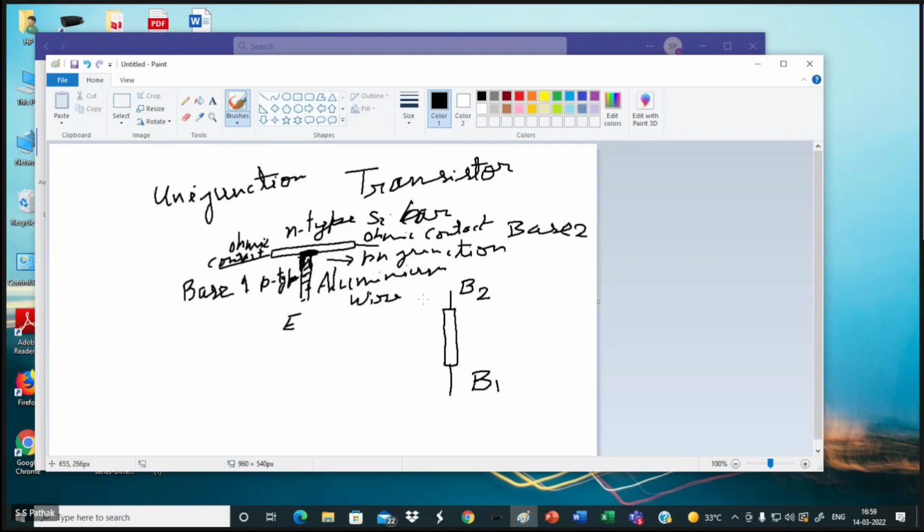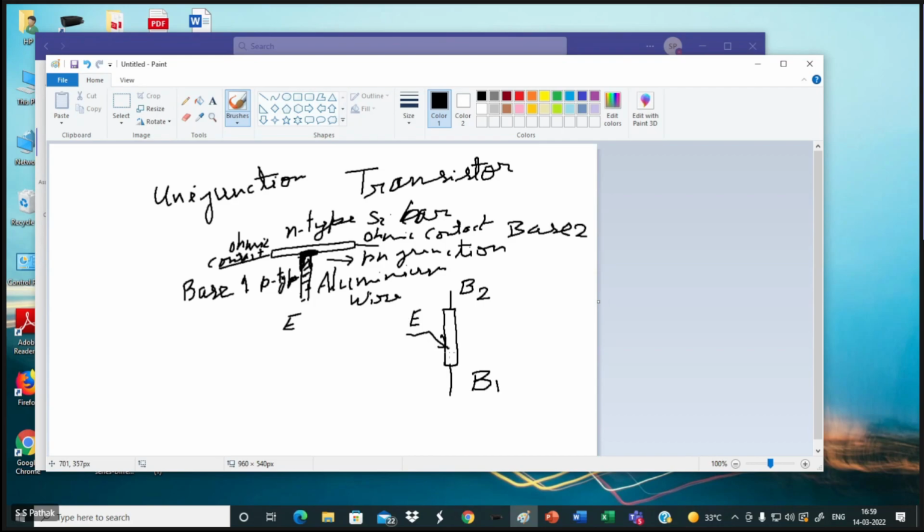So the supply characteristics I'm not right now interested in. This we represent like that. So we call it my emitter E. So from the emitter E, the current will enter in the forward bias case.